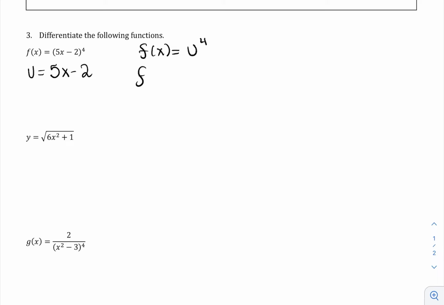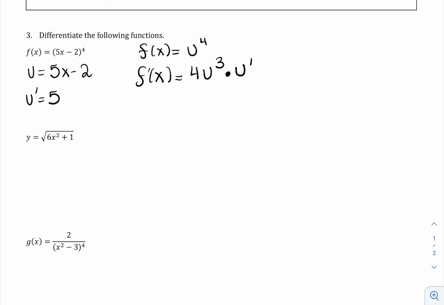So f prime of x, the power rule is we bring down the 4, we subtract 1 from the top, but now because u is something more complex than just x, you need to multiply by u prime. So what is u prime? Well, if u is 5x minus 2, the derivative of 5x is 5, and the derivative of 2 is 0.